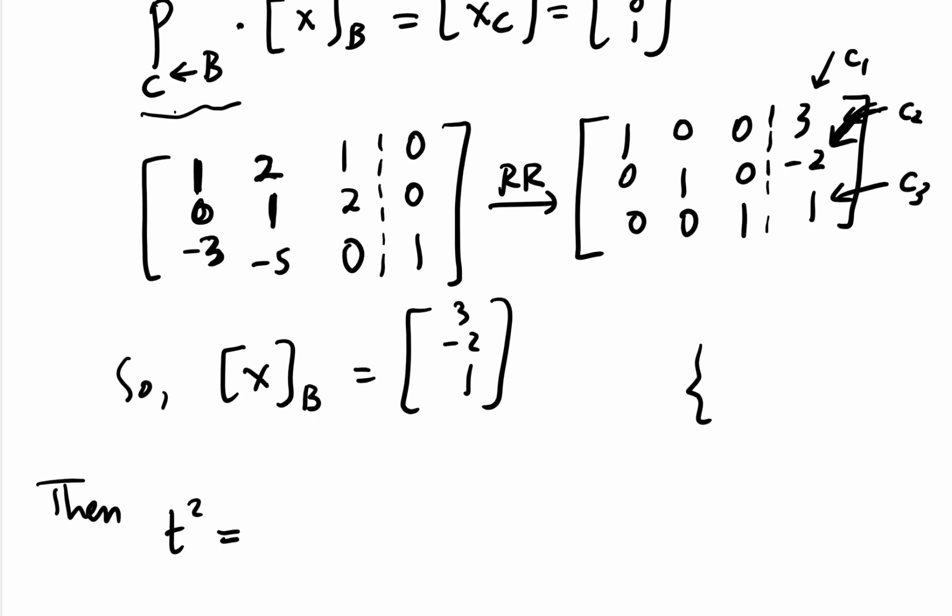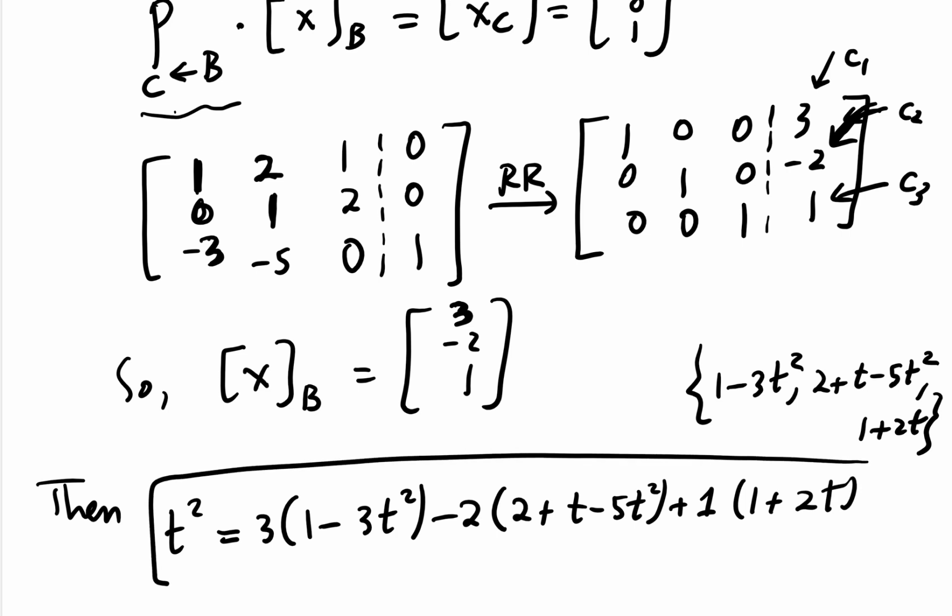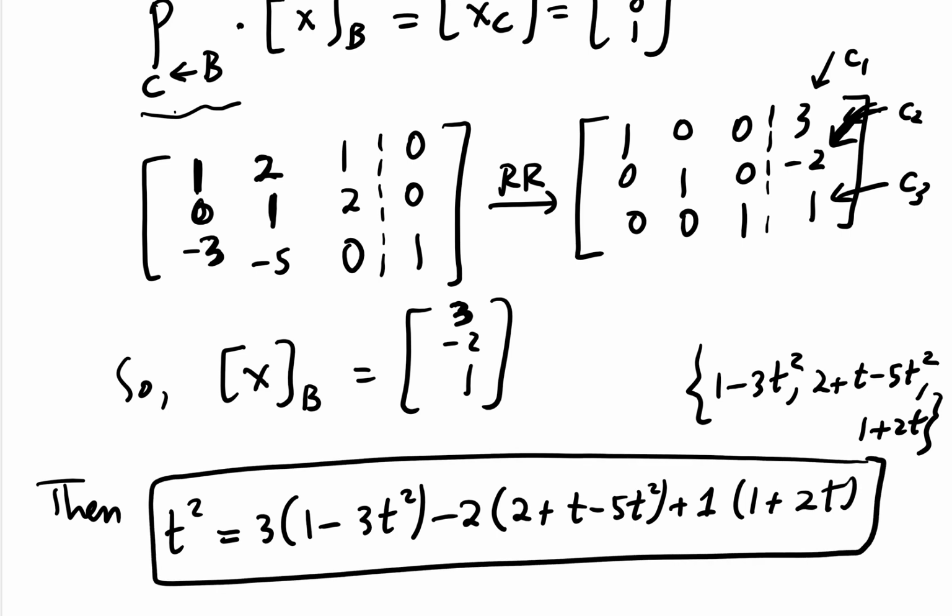I think it was 1 minus 3t squared, comma, 2 plus t minus 5t squared, comma, 1 plus 2t. So I take the 3 multiplied by the first one, minus 2 times the second one, plus 1 times the third one. That's how we write t squared as a linear combination. If you multiply everything on the right side, you should get t squared.